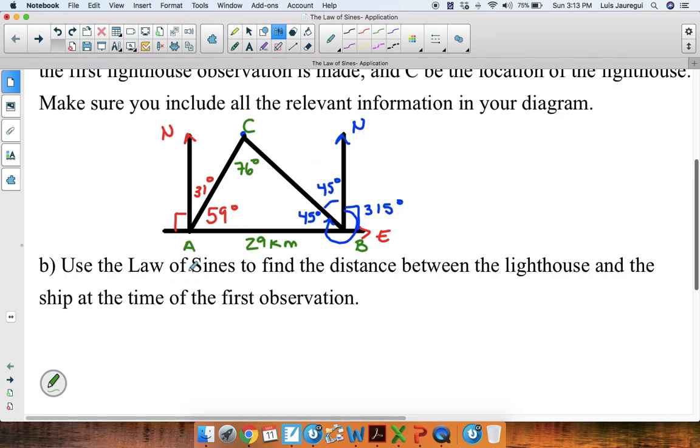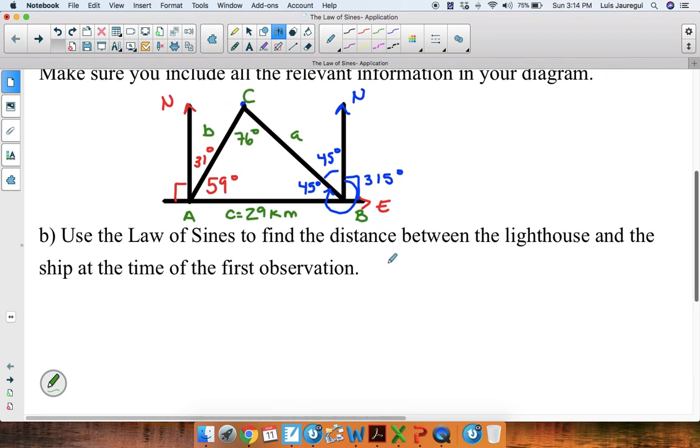Since we're going to use the law of sines, the side across from angle A, in this particular case this side, will have a length of lowercase a. Then the side across from angle B will have a length of B units. And then the side across from angle C would have a length of C units. In this case, units are kilometers.